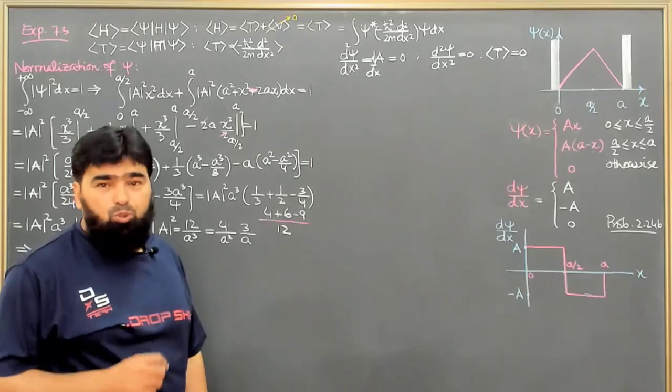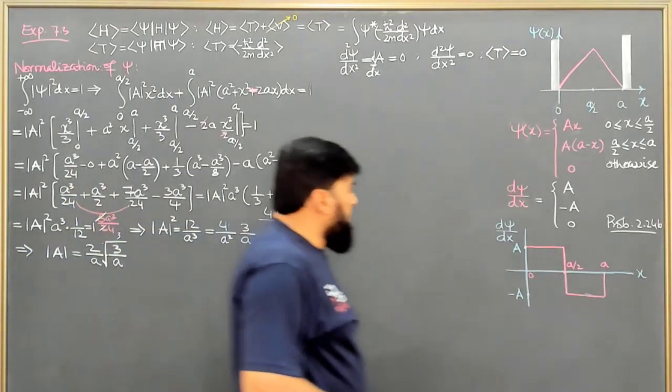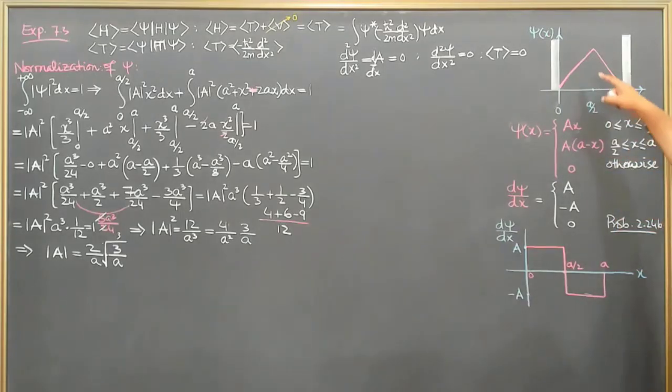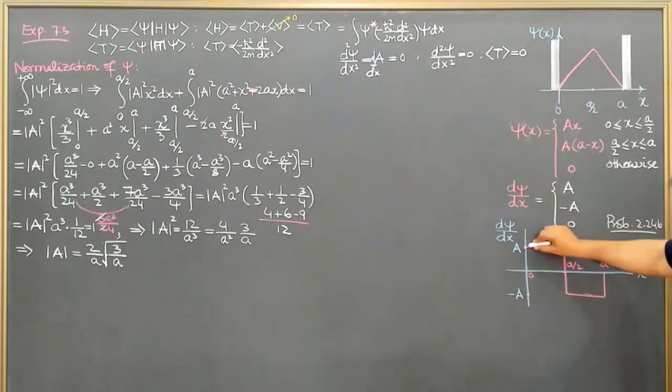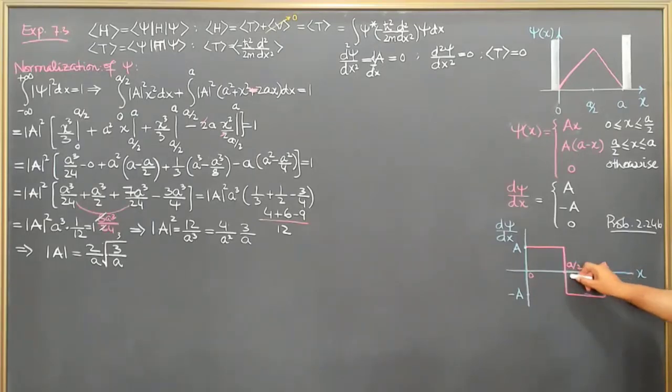So we will have to use a trick here. When I take the derivative of this one, this is a linear increase here. So the derivative of it is a, and it is just like a step function here at a, then at a by 2 it starts falling, and then it reaches minus a at a by 2. So at a by 2, it is reaching minus a here, because here we are having limit a by 2 and here it starts from a by 2. So a by 2 is having the same value.